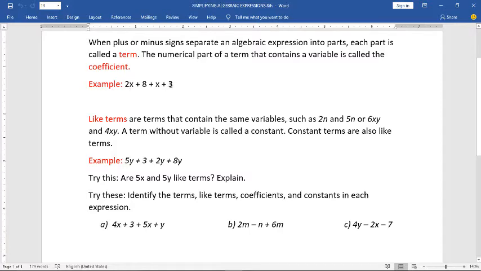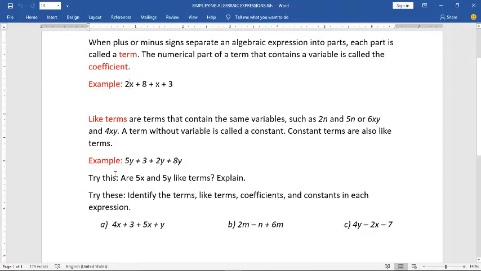It stands by itself. For example, here 3 is a constant, 8 is a constant, x is a variable, 2x is a term by itself, but we can identify the coefficient, which is 2, and x is the variable.